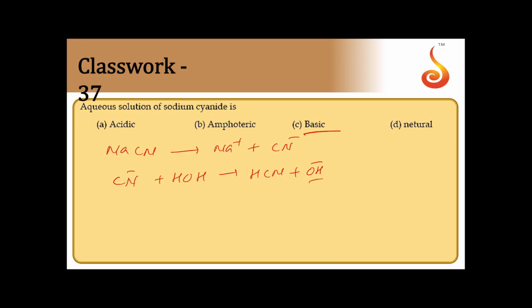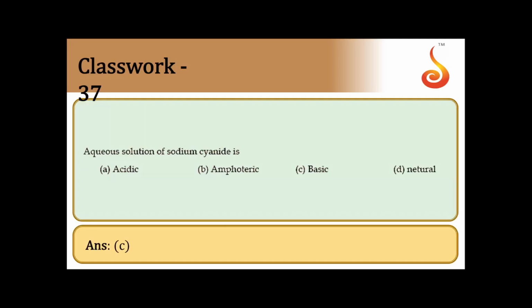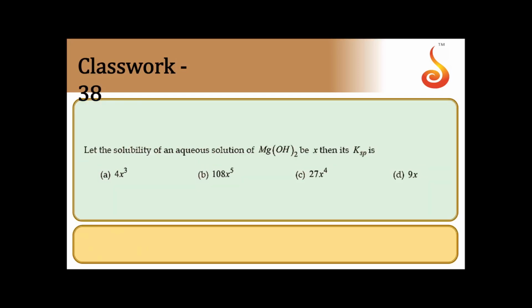Therefore it is basic in nature. It is a salt of strong base and weak acid, you can identify it in that way. But actually the ion undergoing hydrolysis is the CN minus ion, meaning anionic hydrolysis. So basic in nature. So the answer is option C. C is the answer, basic.